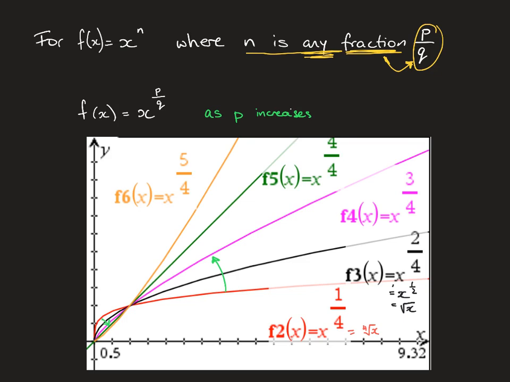That's what's happening to the shape of our graph. So it's again pivoting around the point 1, 1. So this is the point 1, 1.